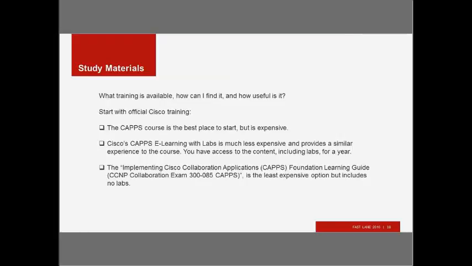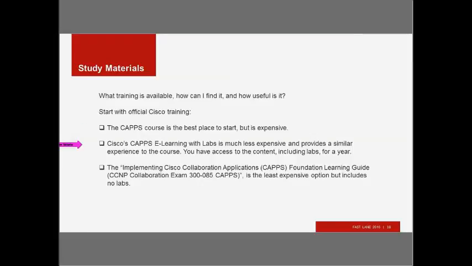So what about official Cisco training? How can you find it? How useful is it? Well, the CAPPS course, that's the best place to start, but it is expensive, right? That's the top end. You'll get the student guide, you'll have labs, you'll have an instructor who can provide value add.